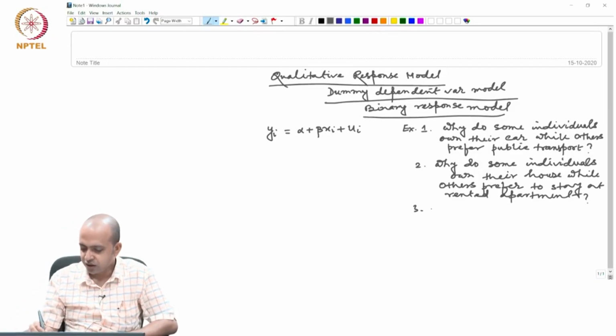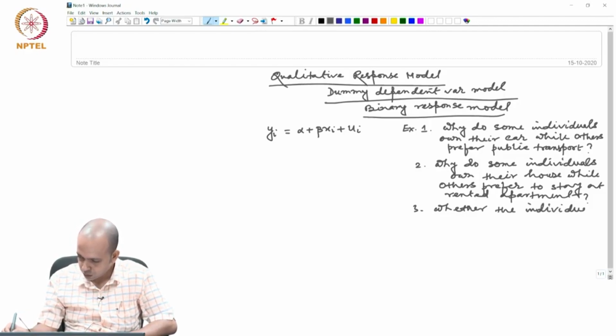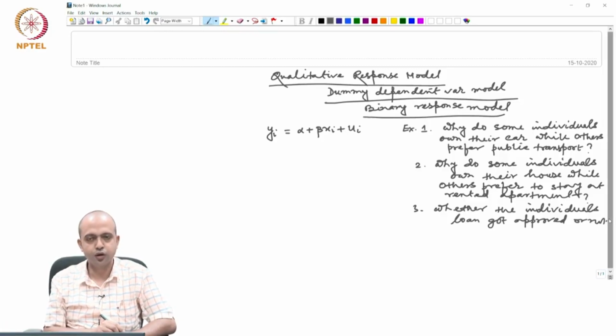So, basically the research question here is whether the individual's loan got approved or not. This is the question, all right.